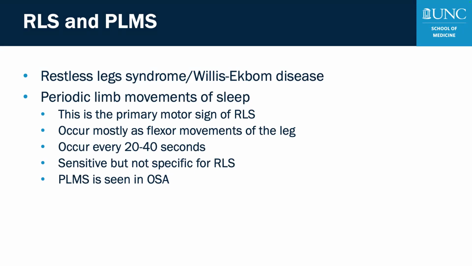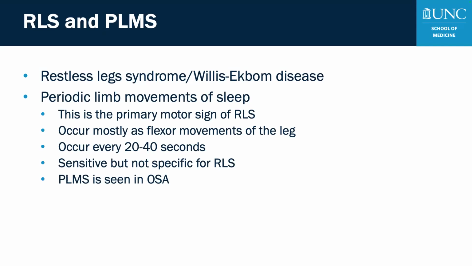So what happens is people move their legs at night, mostly flexion. So flexion at the ankle, so you kind of flex the foot up, or flex at the knee, flex the hip, or all three together. And as the name implies, it's periodic, occurs every 20 to 40 seconds. If you have this, there's a high likelihood that you have restless legs, but you can have periodic limb movements of sleep and not have restless legs.